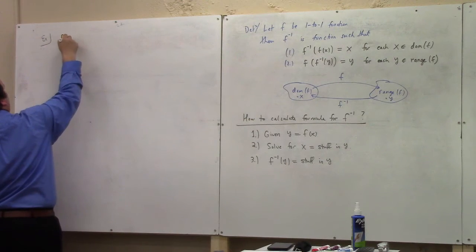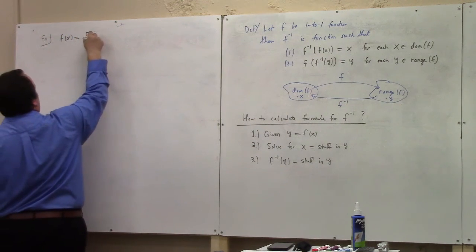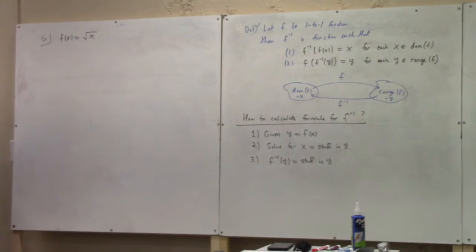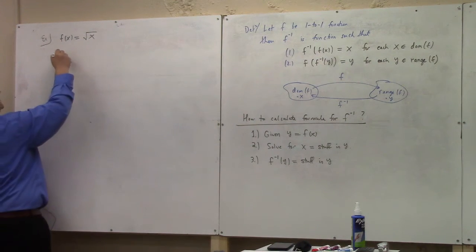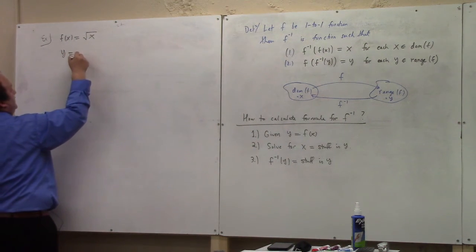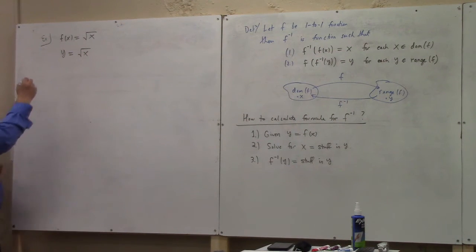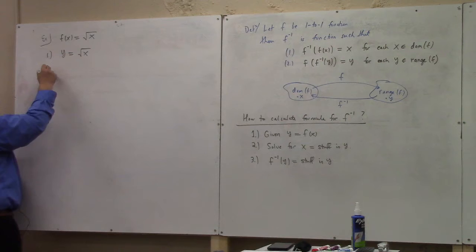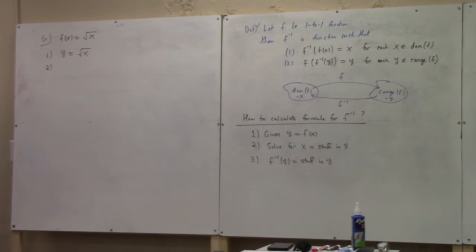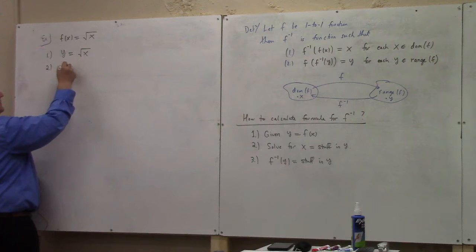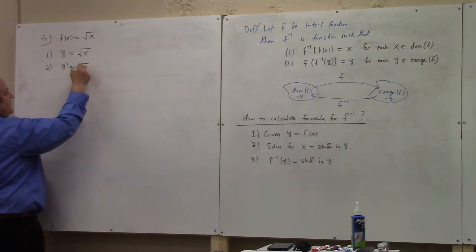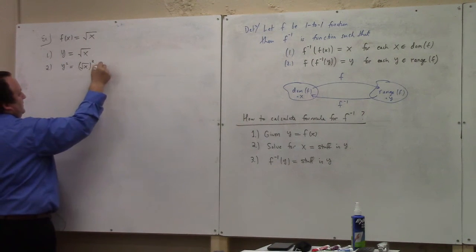Suppose we have f of x equals the square root of x, right? So following my algorithm, we put y equals the square root of x, right? That's given. And we do what? We solve for x. How do we do that here? How about square both sides, right? So y squared is equal to the square root of x squared, which is x.